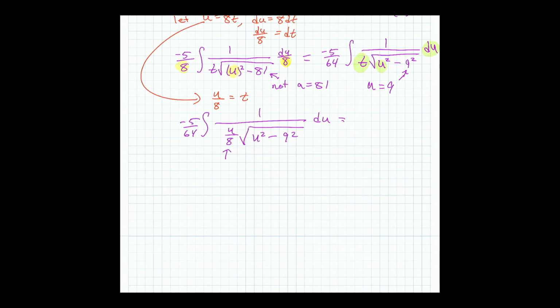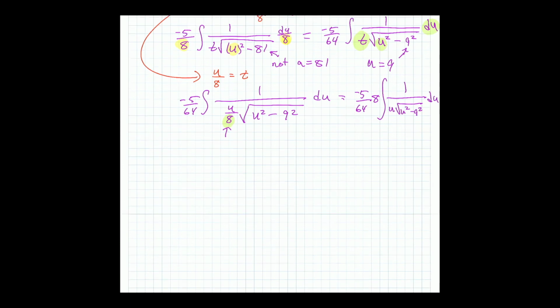So basically that 8 is actually in the numerator. And we're going to end up with negative 5 over 64, but then times 8, integral 1 over u square root u squared minus 9 squared du. It fit. It's fine.